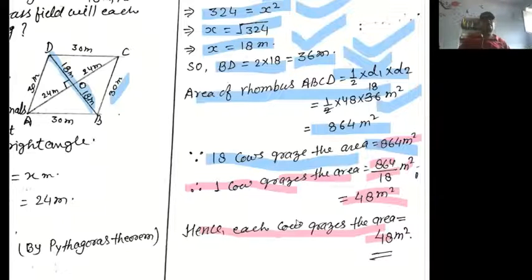Hence, the area of green grass will be grazed by one cow equal to 48 meter square. Is it clear?